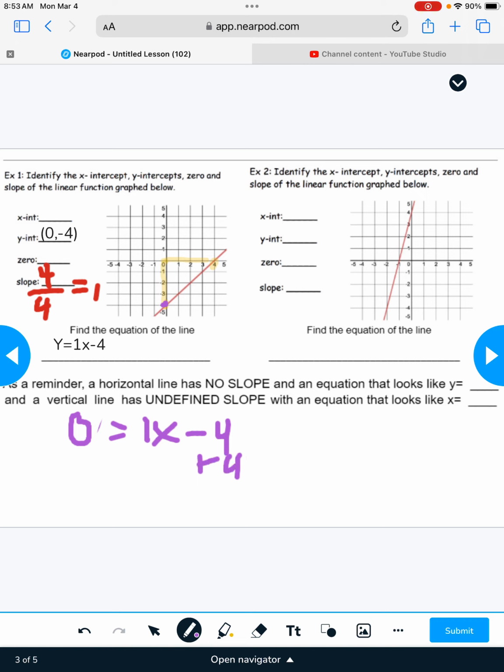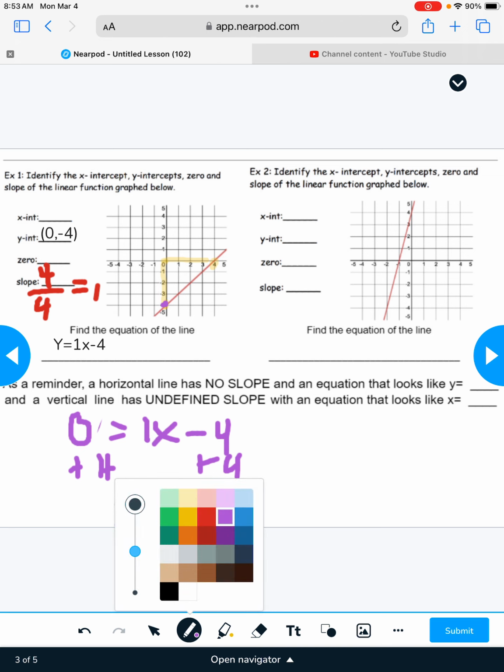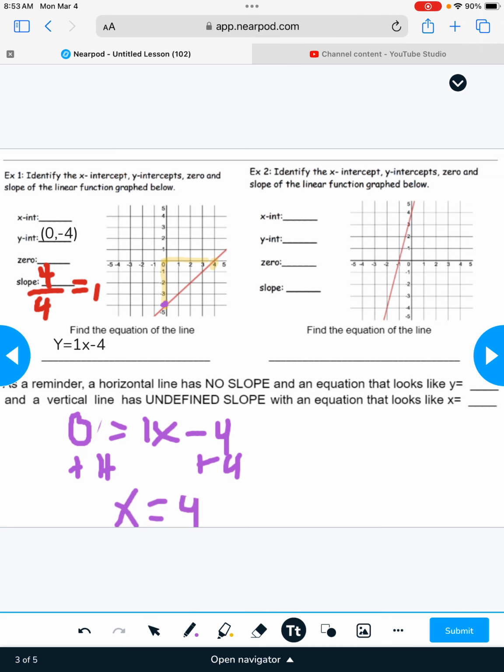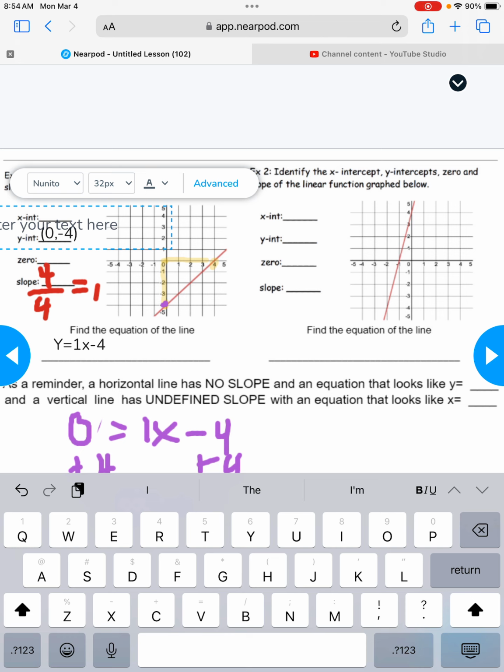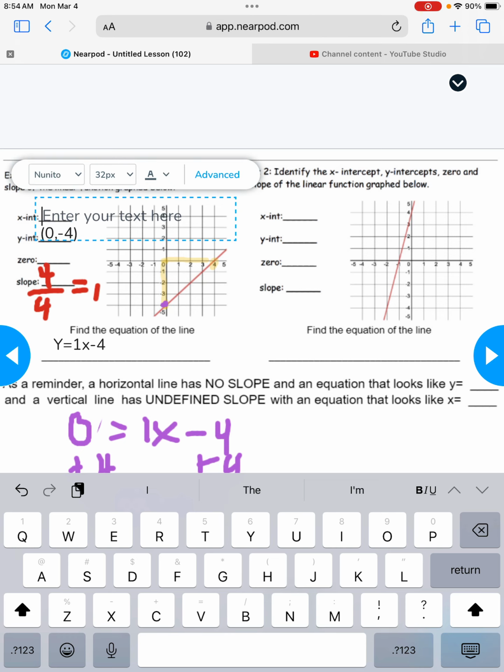When I add 4 on both sides, I get x equals 4. And so I can actually take this and write my coordinate for it now, okay? X equals 4.